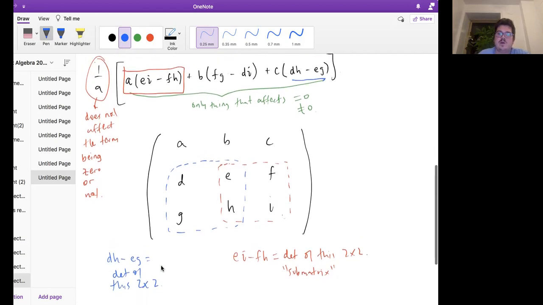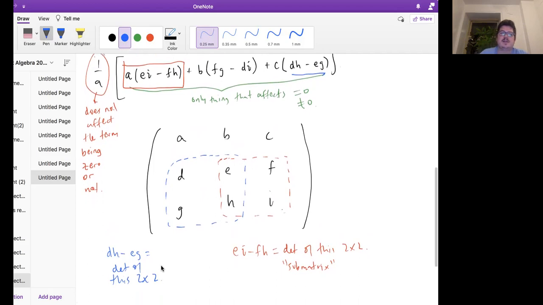And the weird one is FG and DI. But where did those come from? Yeah, it's kind of like a 2 by 2, but it's these.